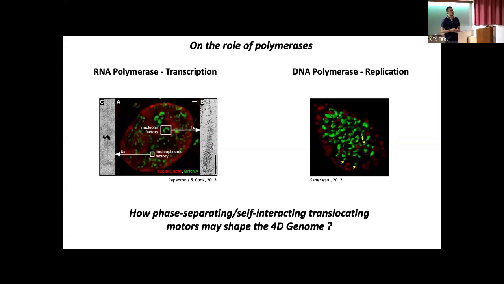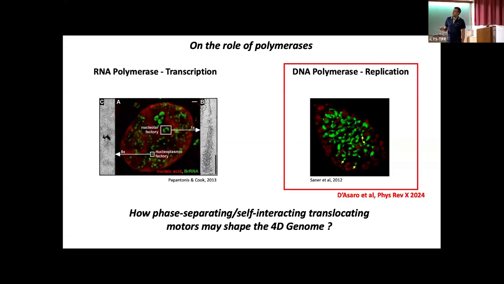There might be some controversy depending on the resolution of the microscope you use, but there is this notion that you form transcription factories and replication factories, basically assembling at the same place different transcription units and different replication units. So the question we wanted to ask is how these potentially phase-separating, self-interacting molecules, which are translocating, may shape the 4D genome.